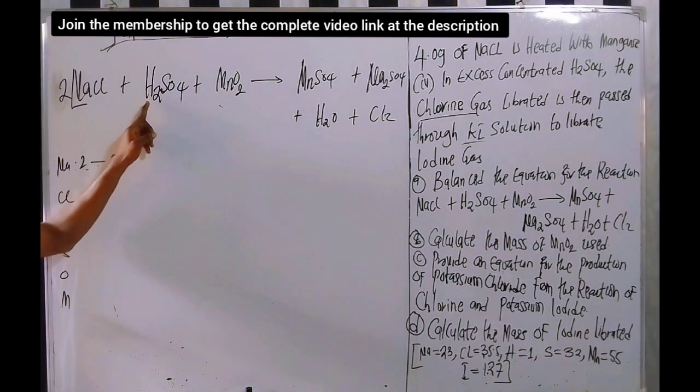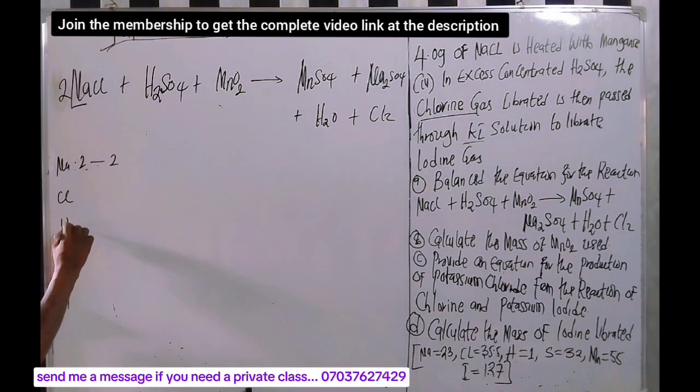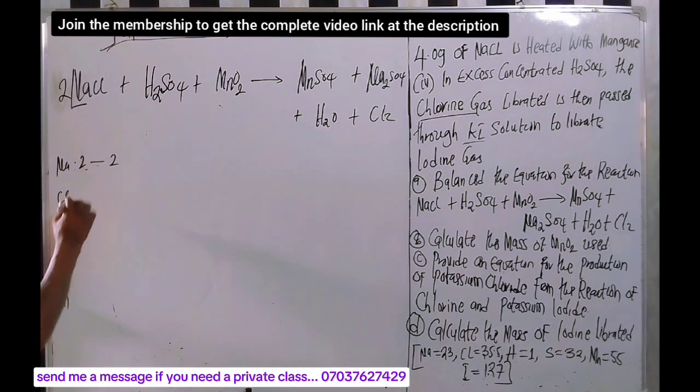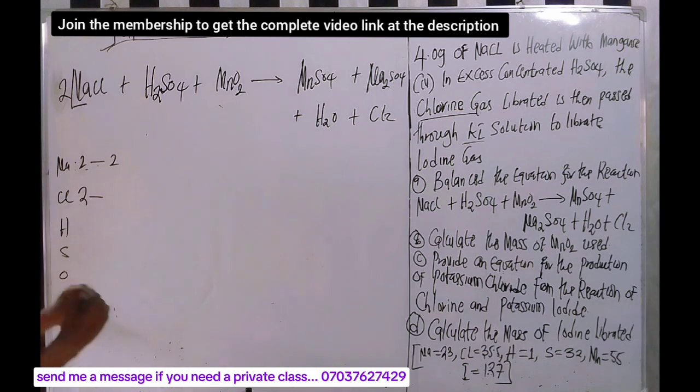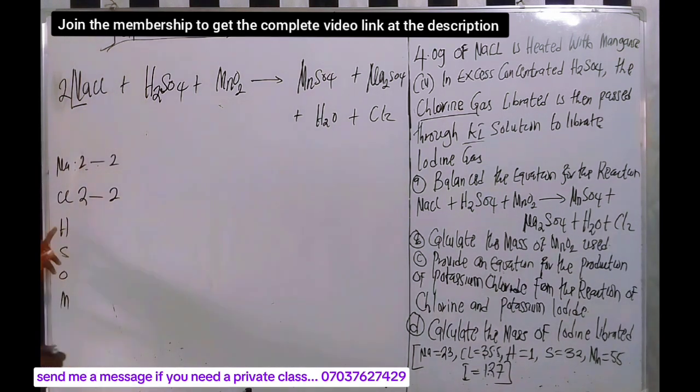Now let's look at chlorine first. Here we have 2 chlorine, and on the other side we also have 2 chlorine. So chlorine is balanced.